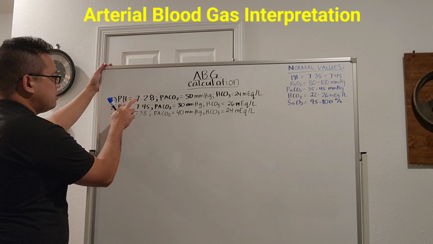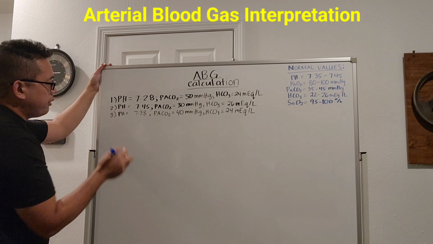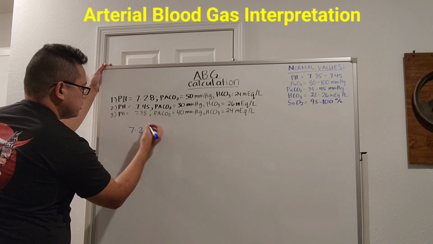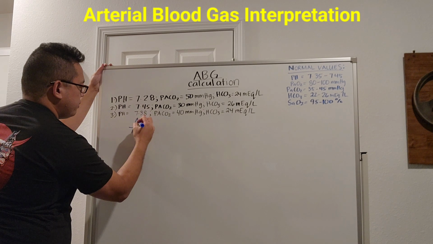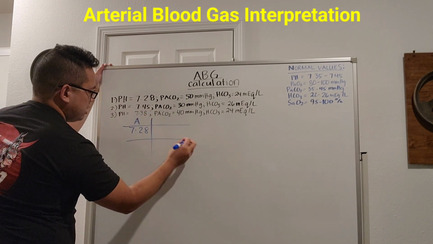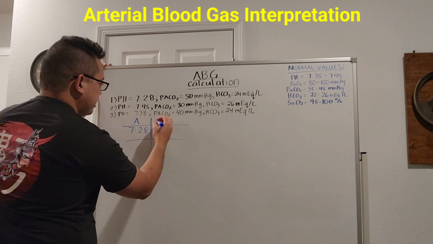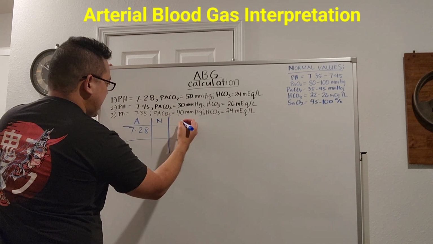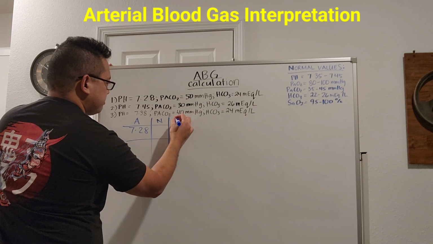So for pH we have 7.28. We're gonna do tic-tac-toe on this one. Our professor didn't like it because it doesn't really help you analyze what's going on.